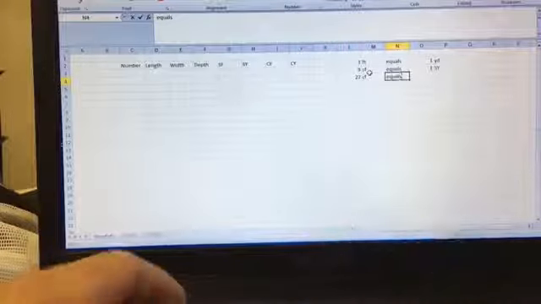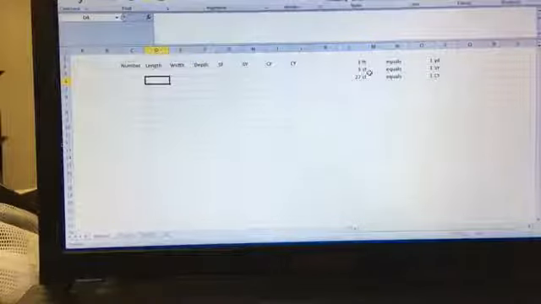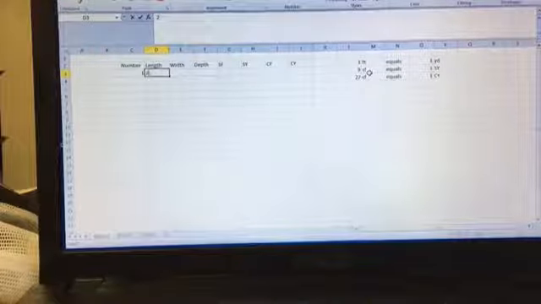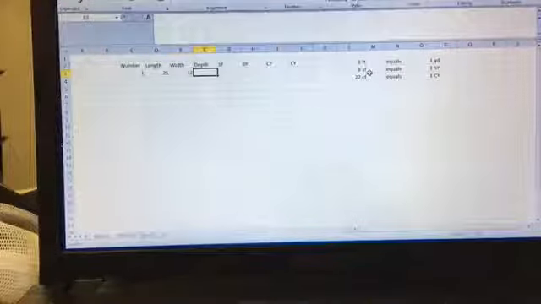What I'm doing now is setting up a conversion table. And you can do the same thing with dirt, and you can do the same thing with concrete. Say you have one concrete pad and you want it 25 feet long, 12 feet wide.